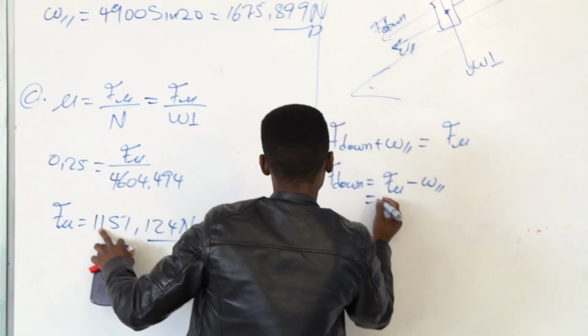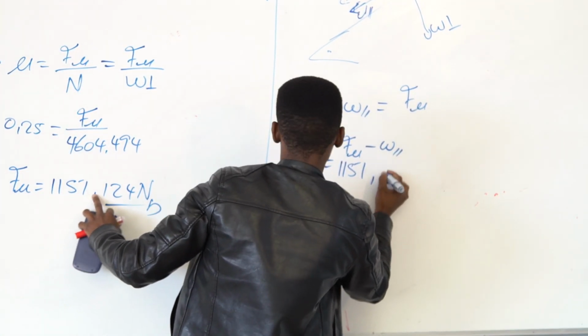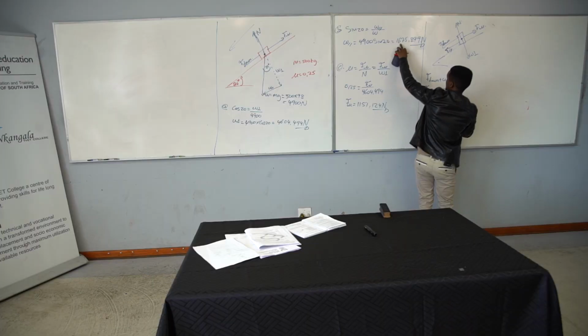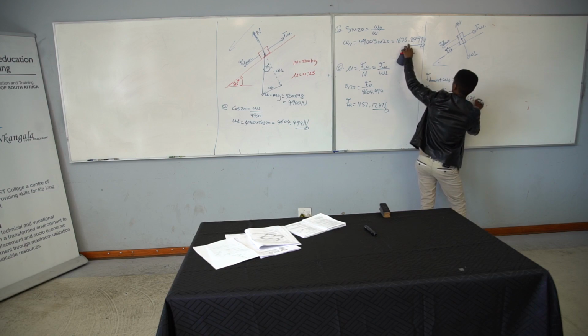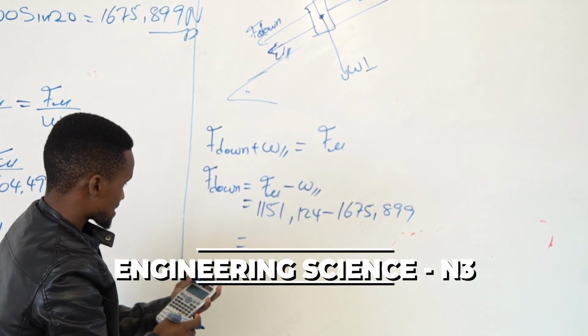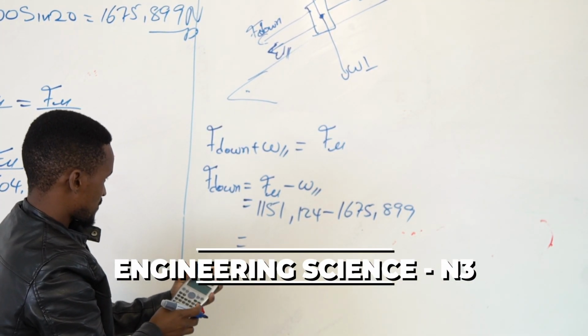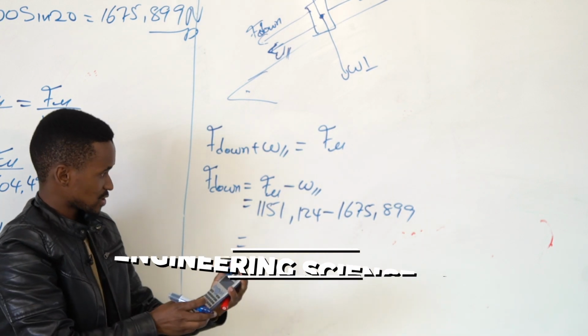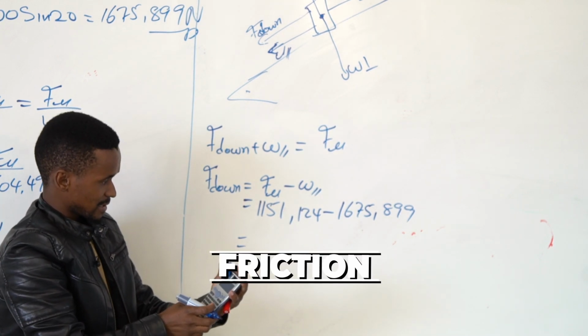So now we're just going to substitute: 1151.124 minus 1675.899.